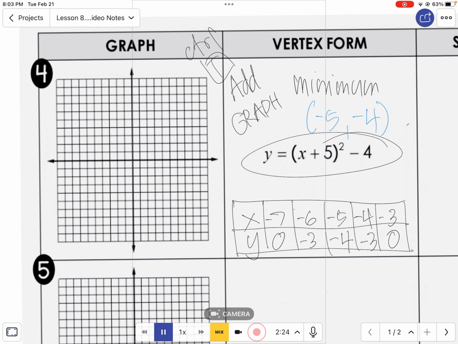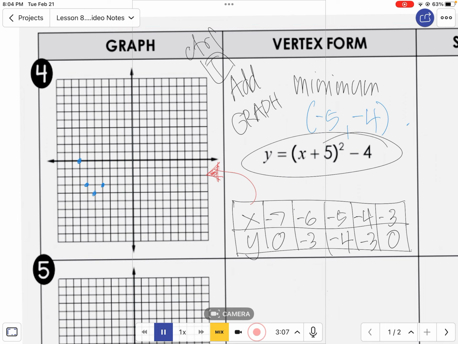Once your table of values is complete, we're going to plot the points here in the grid, and then we will see how the parabola looks. We start with (-7, 0). From the origin, we go 1, 2, 3, 4, 5, 6, 7 on the x-axis and 0, so you stay on that axis. (-6, -3): 6 to the left and 3 down. (-5, -4): 5 to the left and 4 down. (-4, -3): 4 to the left and 3 down.